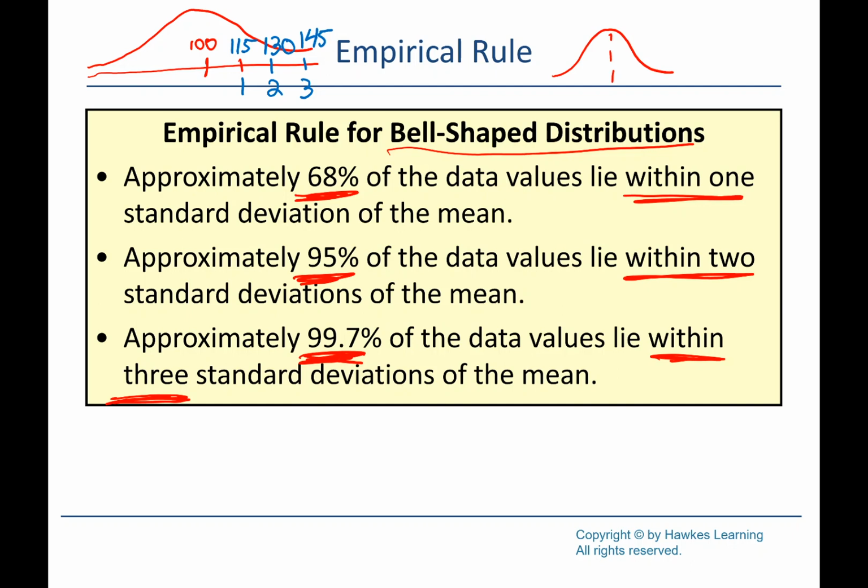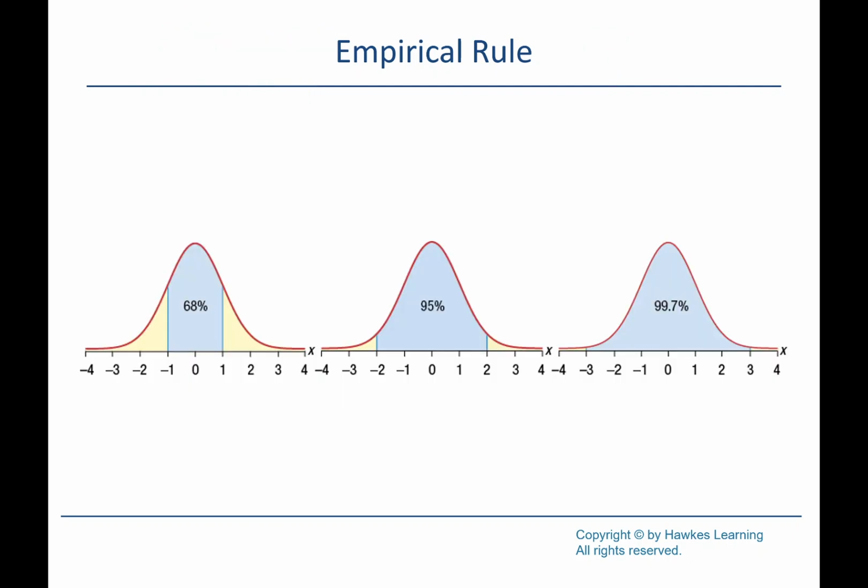So we can use this empirical rule to solve some problems. Let's look at a few problems, and let me show you how I work these, and then we'll be done with this section. So there's just a picture of what we were saying. If we go 1 standard deviation above and below the mean, we've got 68%. 2 standard deviations above and below the mean, 95% of our data is in there.